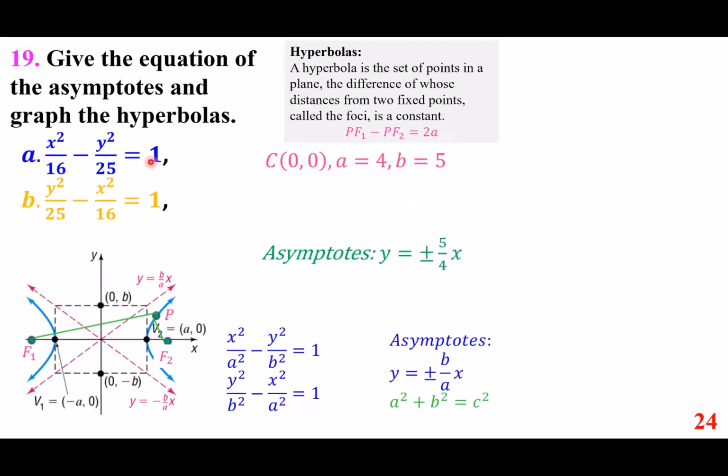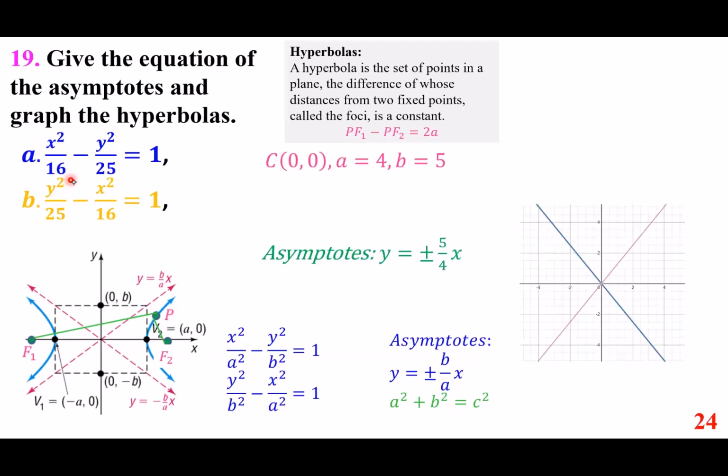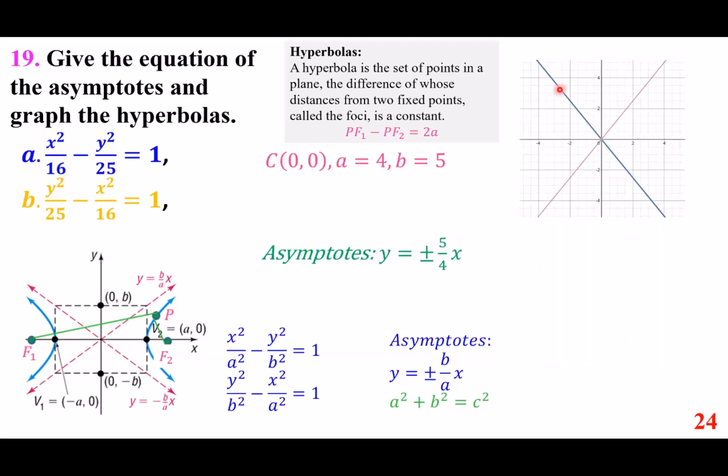But in this case, the vertices are, since x squared has a positive value, x is over 16, it's located at 4, 0 and minus 4, 0. So these are the asymptotes for this one, 4, 0 and minus 4, 0.